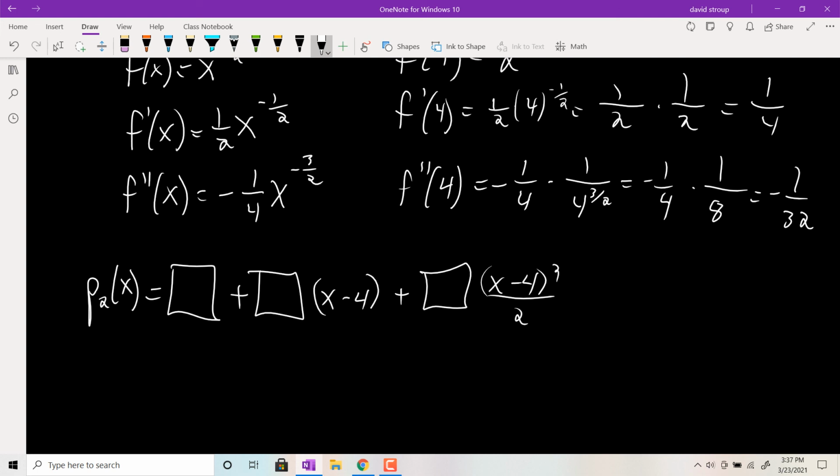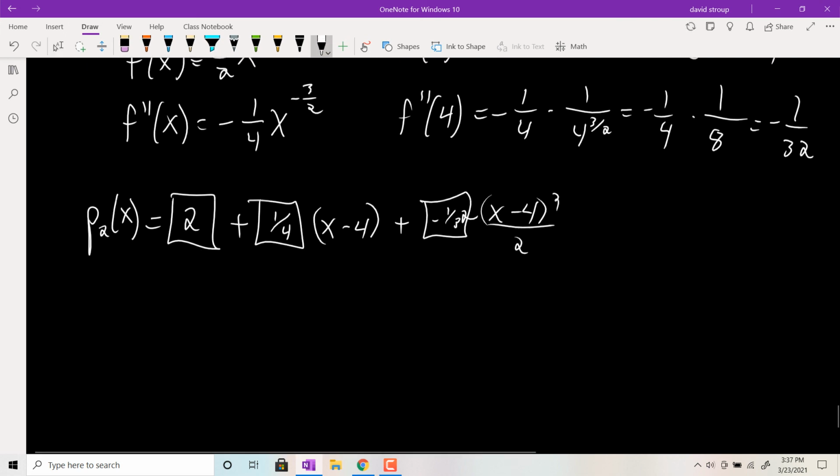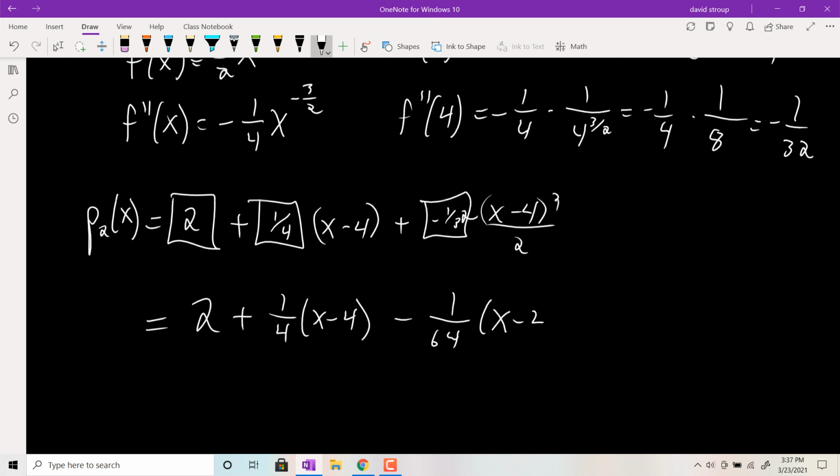Okay. So what numbers did I have? 2, 1/4, negative 1/32. Okay, let's write that to make it, because I like to make things look nice. So 2 plus 1/4 times x minus 4 minus 1/64 at the end of the day times x minus 4 squared.